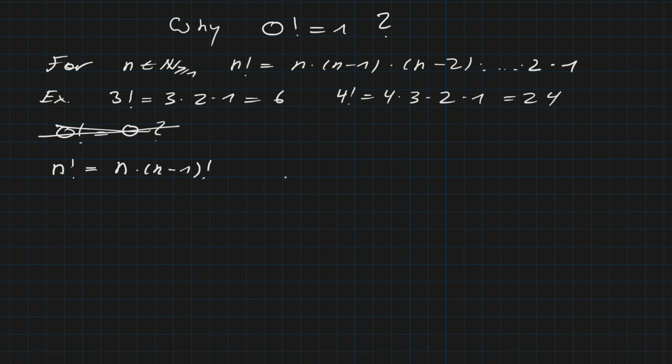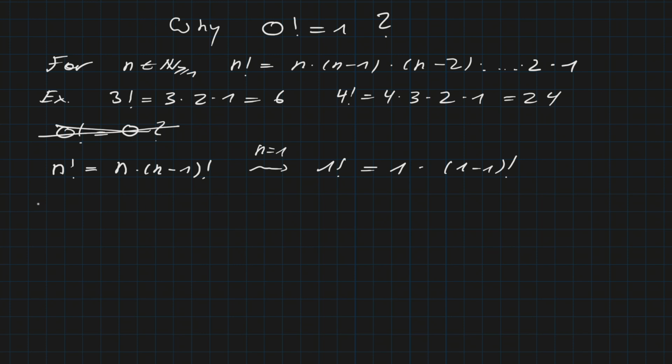And now let's insert n equals 1 here. What are we getting in that case? We have 1 factorial on the left hand side equals 1 times 1 minus 1 factorial.